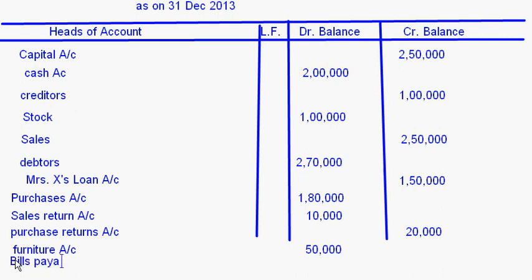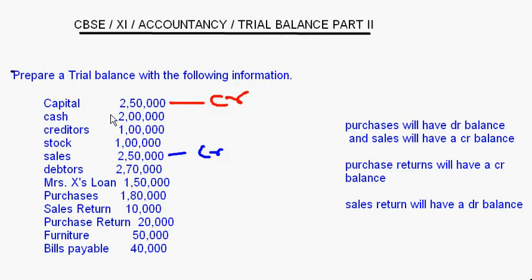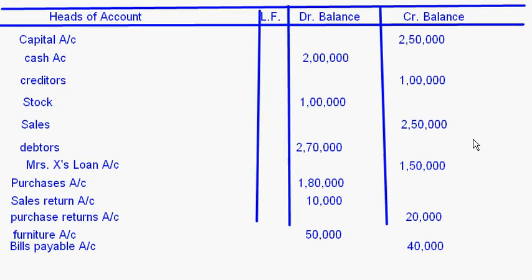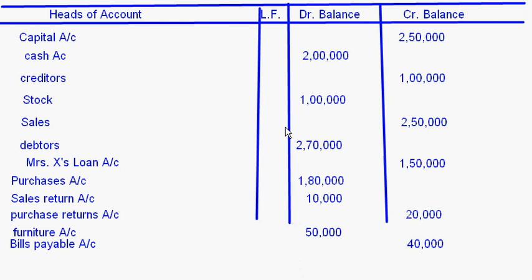So here we write bills payable account, and on the credit side we will put 40,000. That's all. So these are the balances that were given to us in the question, with the help of which we had to prepare the trial balance. So here we have prepared the trial balance. We have put all the balances here, right?